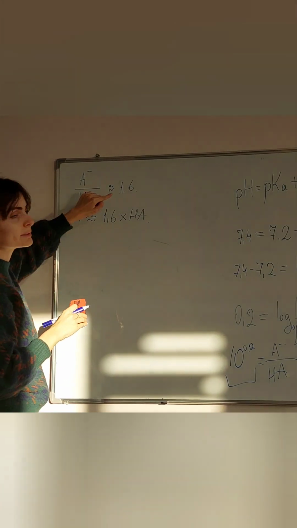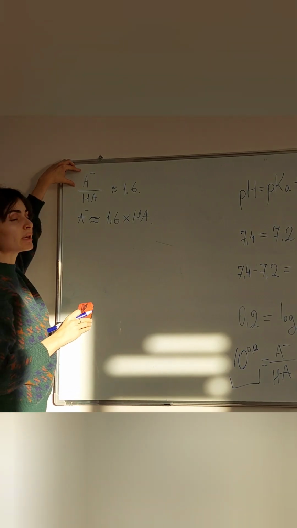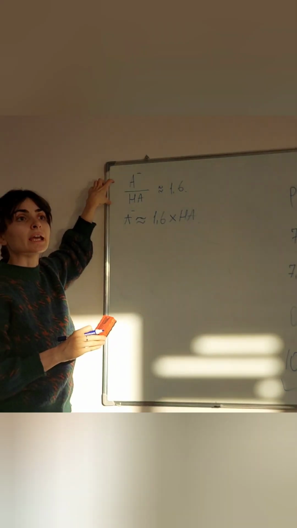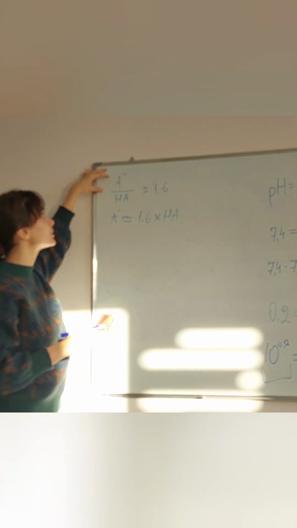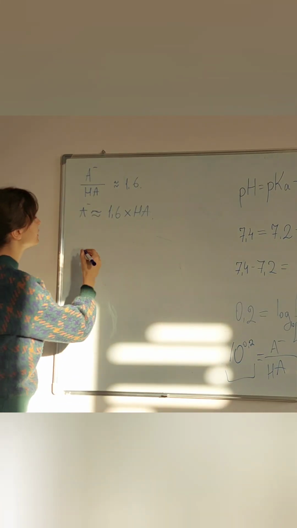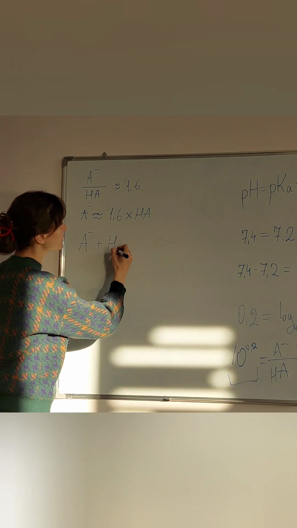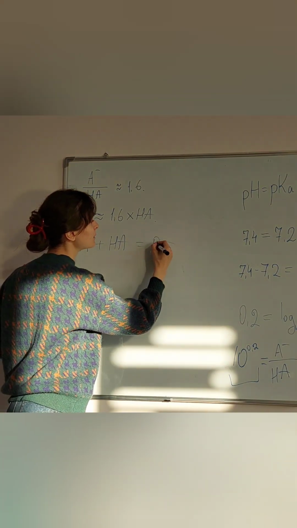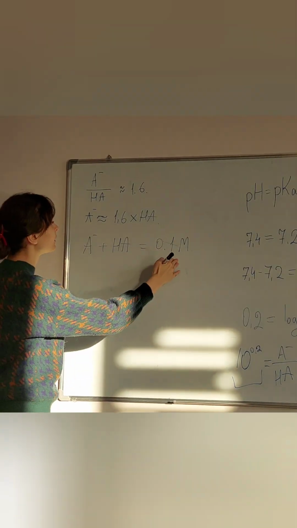So that is the basic math: the conjugate base ratio over the acid ratio approximately equals 1.6, and the conjugate base concentration equals this times this. The equation initially is that the conjugate base plus the acid together make the 0.1 mole. So what would be the final result?